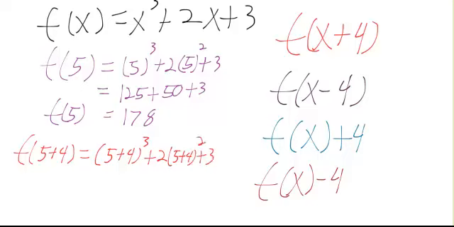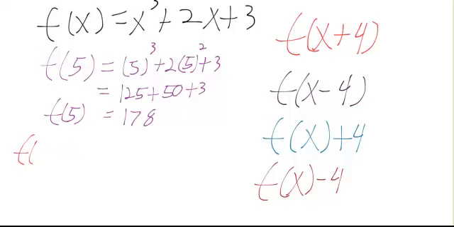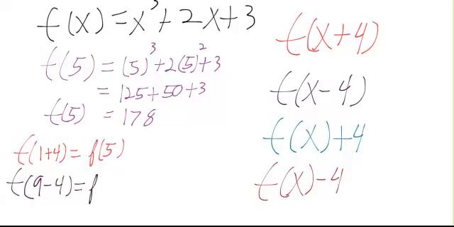Now, if we didn't want this, if we said we want it to still equal 5, what we would do is change the 5 to a 1, because 1 plus 4 is 5. And so this would equal f of 5. If we had f of x minus 4, we would do the same thing, but in this case we would have 9 minus 4, which would equal f of 5. And we'll come back and look at that in just a minute.